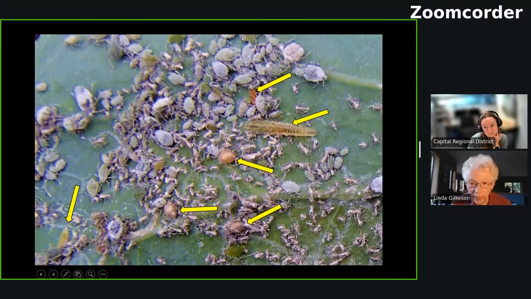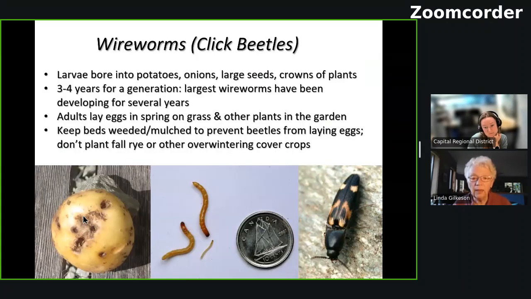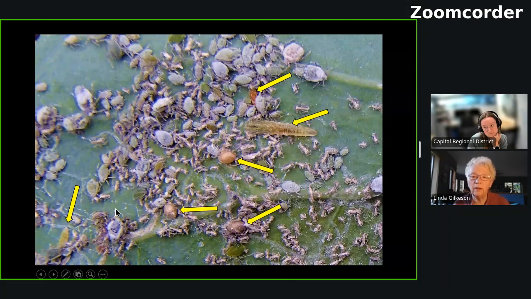Oh, yeah, and I'll show you this, and then I'll do wireworms. This is an example of an aphid colony that looks like, oh my gosh, it's a big mess, except that most of these are dead aphids. All of these are aphid skins or shriveled up aphids, and all the arrows are pointing to predators or parasites. There's a little orange larva there and there, and I think there's probably others underneath the aphids you can't see.